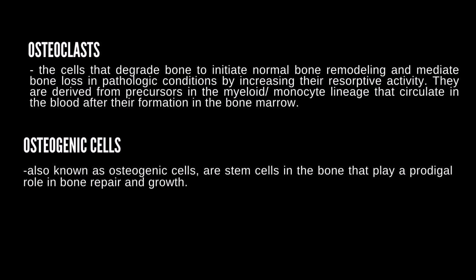Osteogenic cells are the masterminds behind this process, guiding the repair and growth of bone tissues with precision and expertise. So remember, each of these cells plays a vital role in maintaining the health and integrity of our skeletal system. Understanding their function is the key to appreciating the complexity of bone tissues.